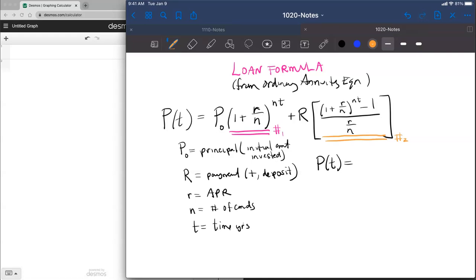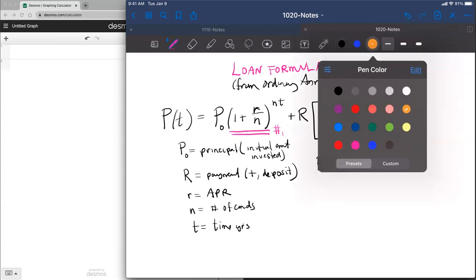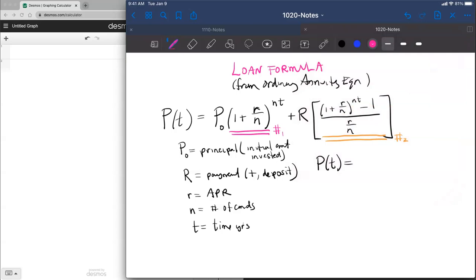So if you want to know the value of an annuity after t years, it basically breaks up into two different formulas. It breaks up into P0, the principal, times this number 1, and then we're going to add on to that the payments multiplied by this number 2. And you'll make an observation here.